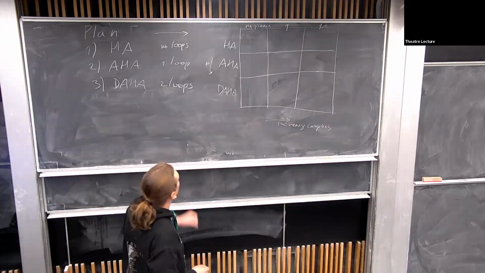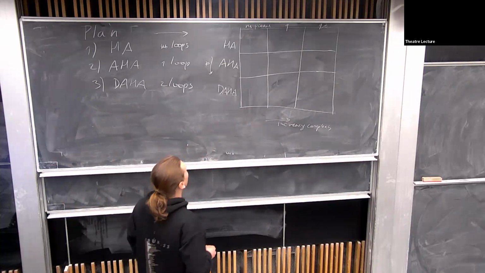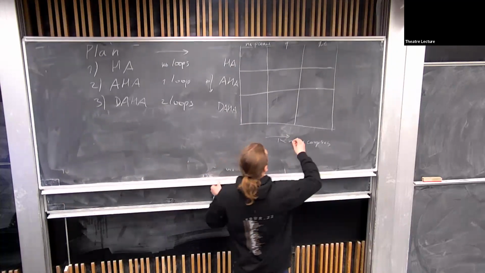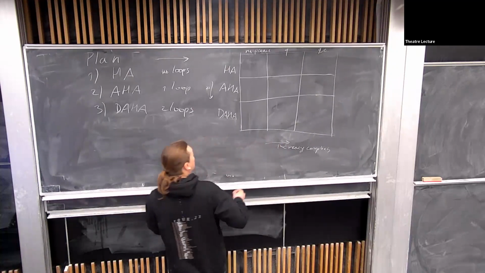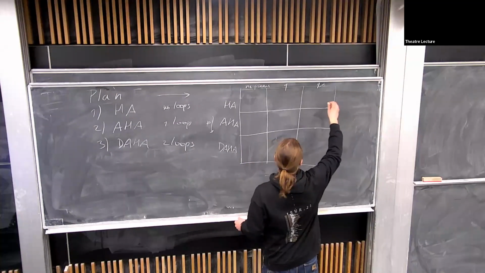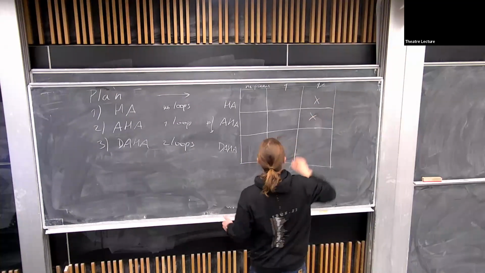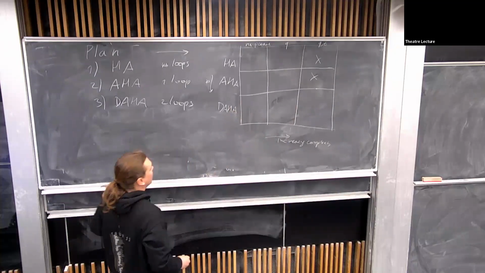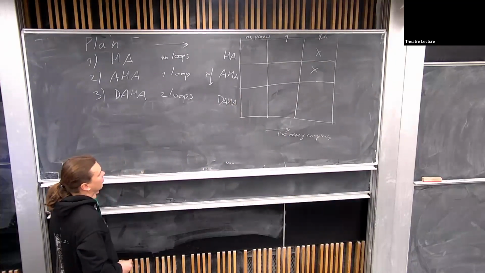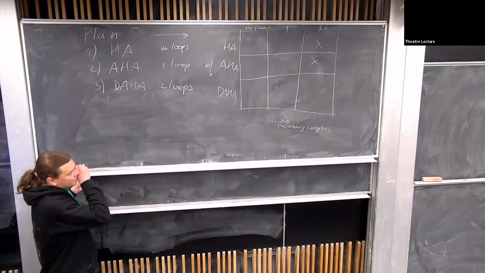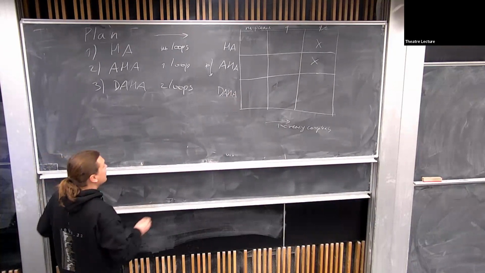No, maybe not. There's nothing here and here, as far as I know. You may have a third dimension as categorification level. Right, there is another dimension.